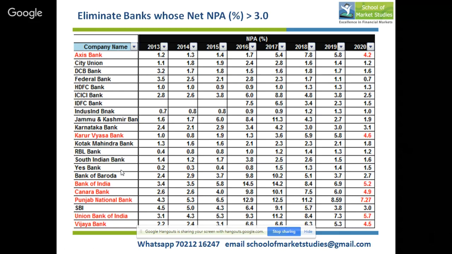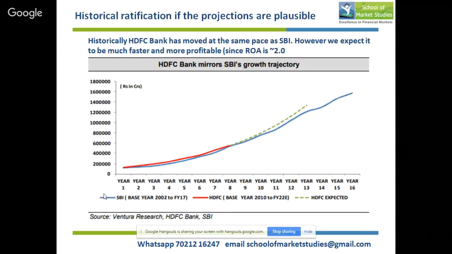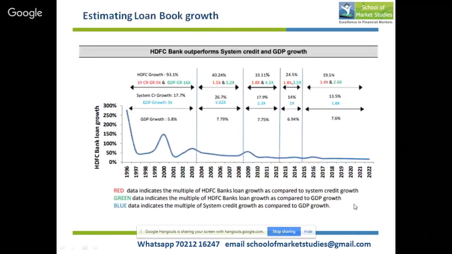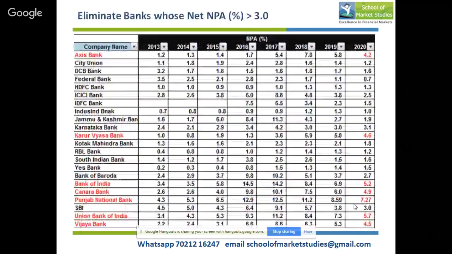Just see in the last sheet, I'll just go back a bit. SBI today lends close to 20,000 crores, and is expected to lend 24,000 crores in FY20 against 10 lakh crores of HDFC Bank.